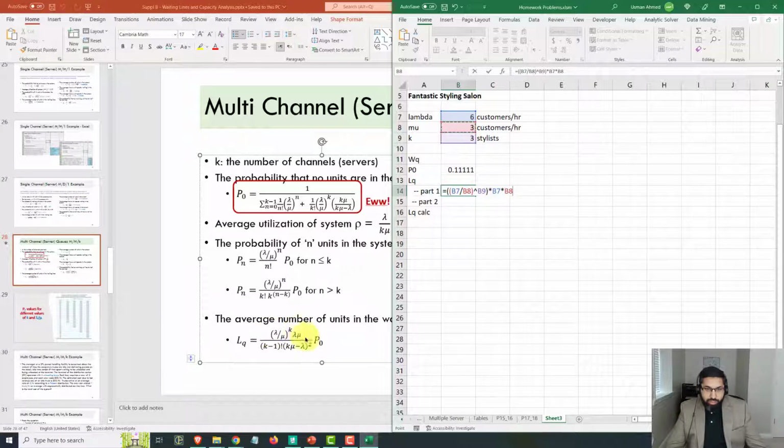So I put in this exact formula. Now for part 2, I have to first take a factorial of K minus 1. So I do fact K minus 1. Then I multiply by, now when you take the factorial, you have taken care of the exclamation mark.